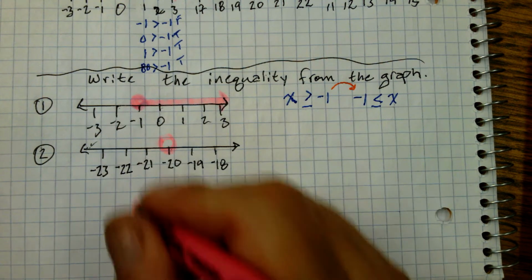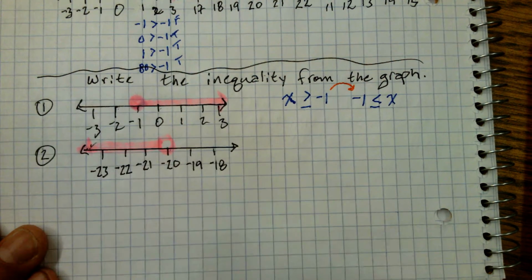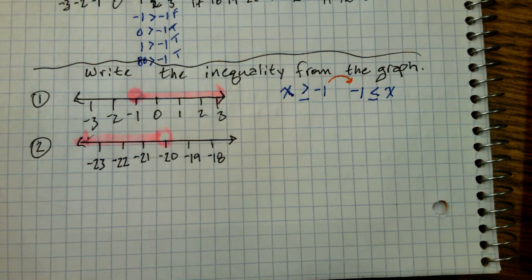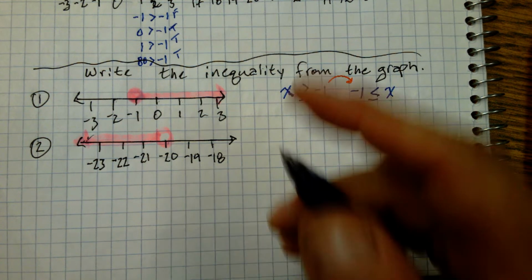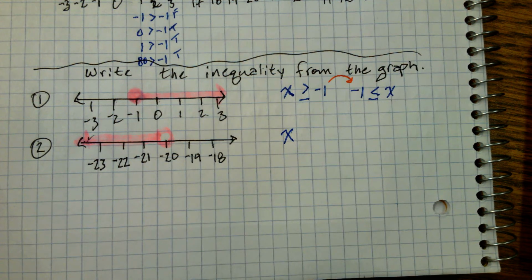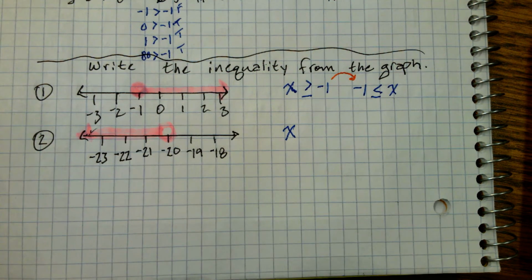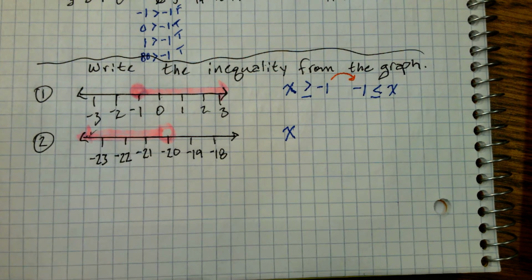Make sure you put an open point and everything to the left. So we're going to use x as our variable because on the IXL you have to use x as the variable. So first of all, it's an open point. So do we have the bar underneath? No, we don't have the bar underneath because it's an open point. Now, it's either less than or greater than. Look which side it's shading. It's shading to the left, so that's less than.